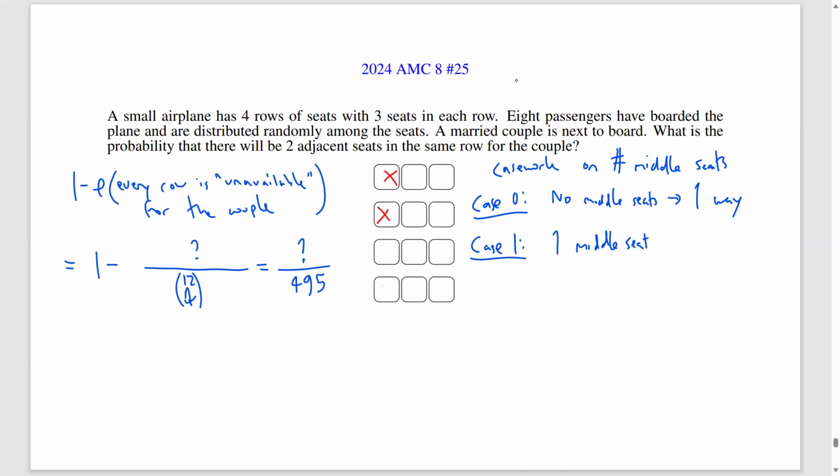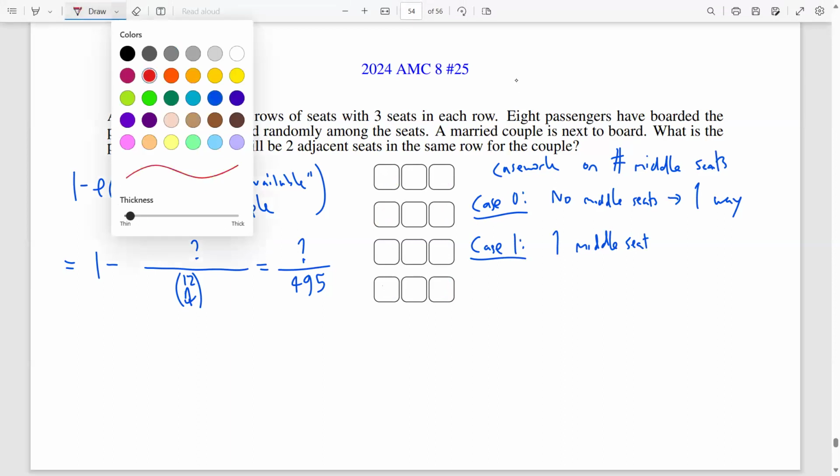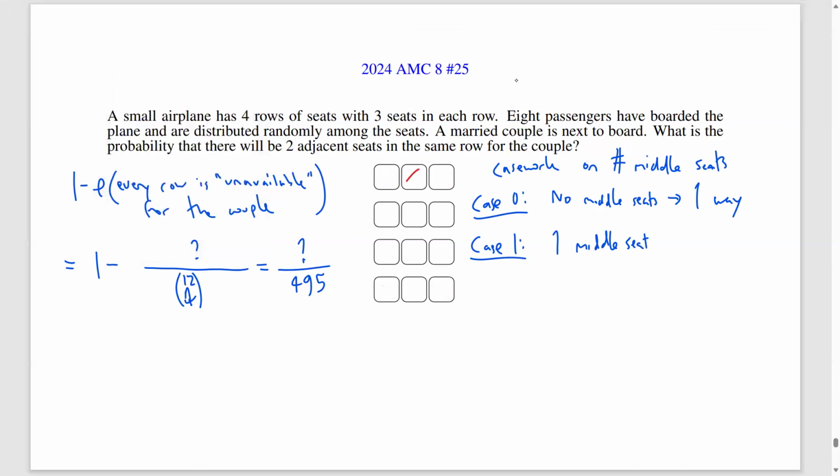Now we need to be a bit more careful here because there are 4 choices as to which middle seat is taken. Let's say that the middle seat in the top row is taken. Then for every row to be unavailable, we need that the remaining 3 rows, the left and right seats are occupied because the middle seats in those rows cannot be occupied.